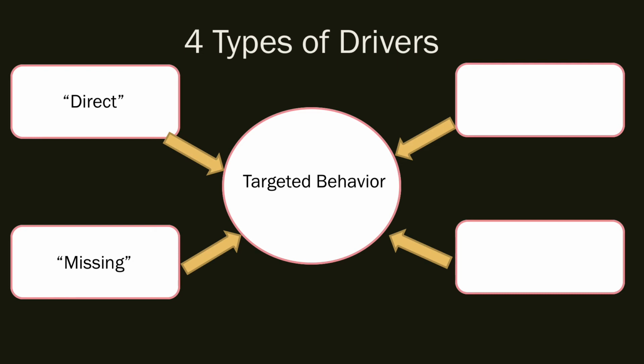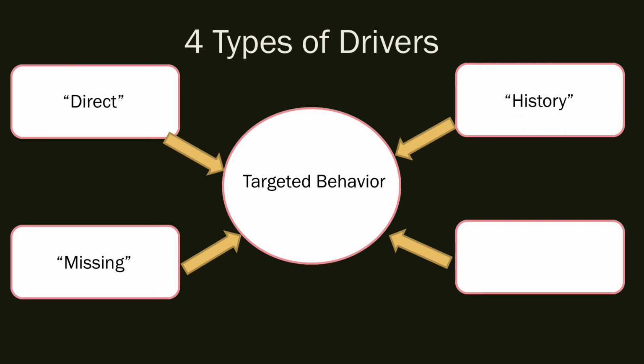Things that were not present in the situation, but could have helped the situation be better if they had been there. These are often referred to as the lack of something. What could have helped stop the situation from happening this way? Could be a lack of supervision or monitoring, or a lack of effective consequences.